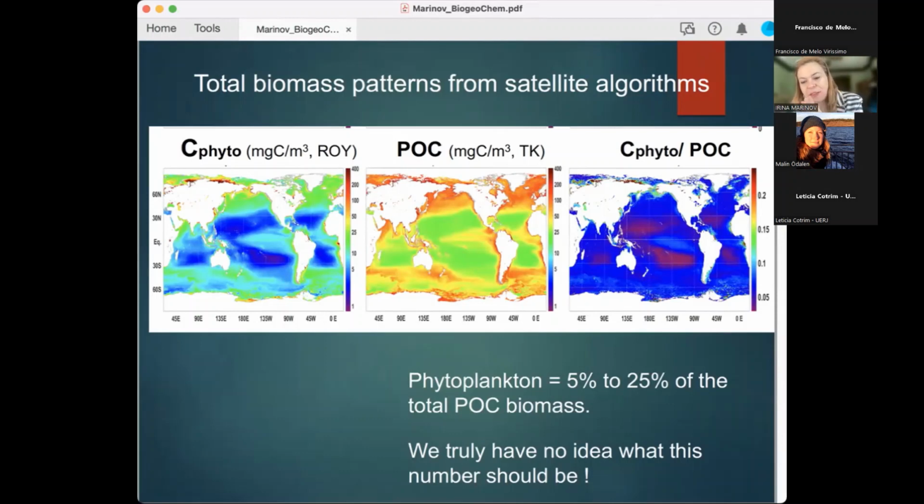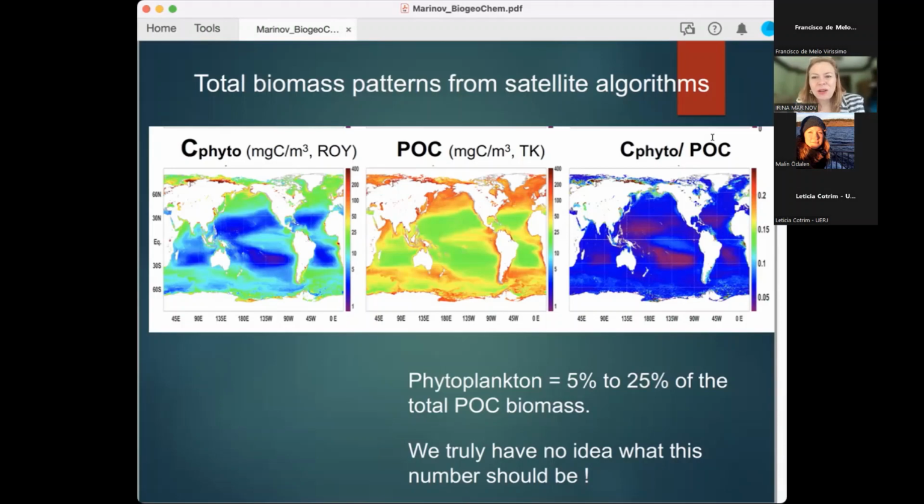So the interesting thing here is that based on these two products, this is the ratio, and these numbers are very small. So this is the percent ratio of phytoplankton divided by particulate organic carbon.